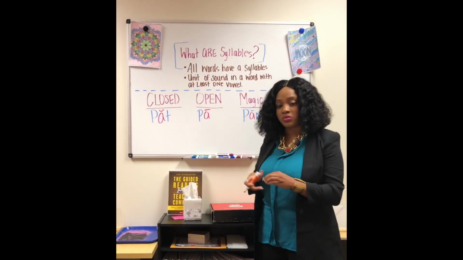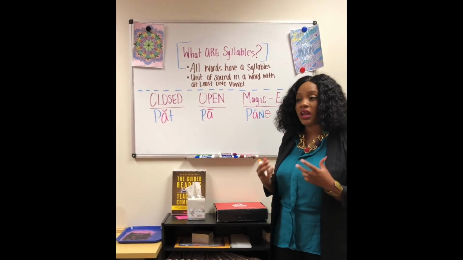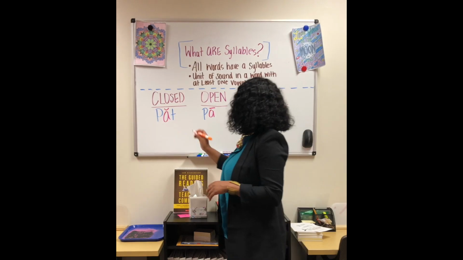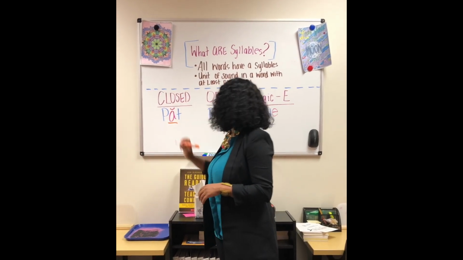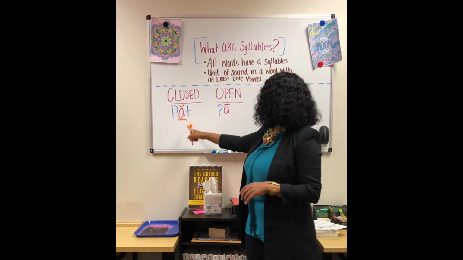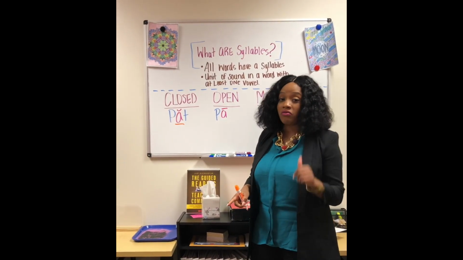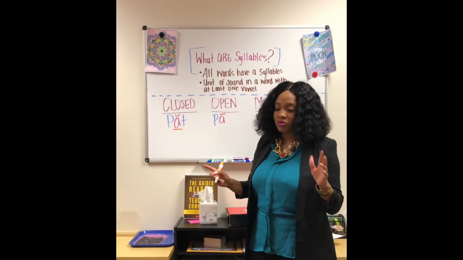The first syllable type. When I am identifying my syllable type, the first thing that I always want to do is identify my vowel. So in this closed syllable, my vowel is A. And if you notice, I have it in a different color, and then I also have that mark up there. I'm not going to fake it and act like I know what the mark is called, because that would just be lying.